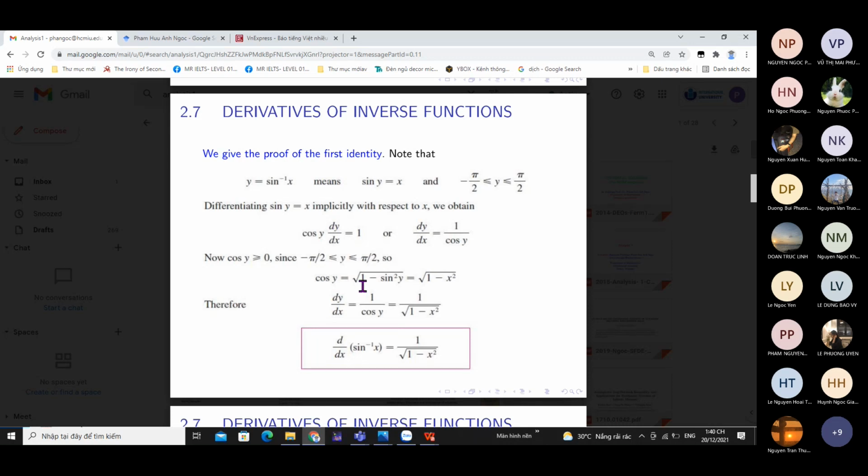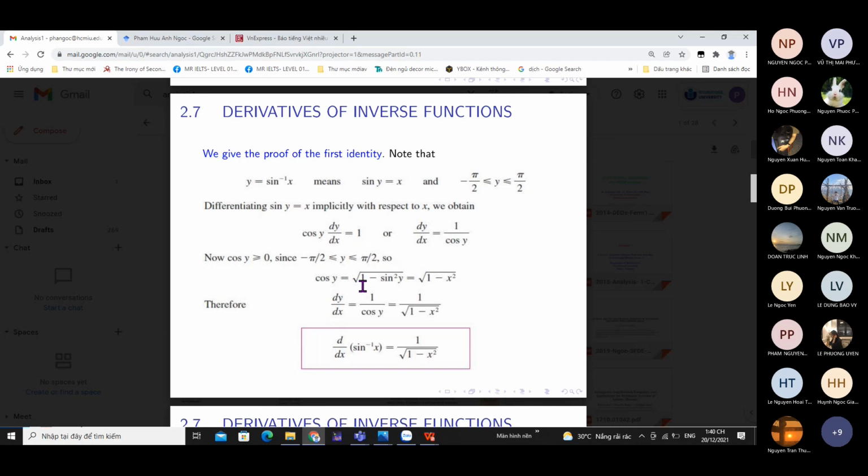First, we meet the function sine. Derivative of sine gives you cosine. Cosine of what? Cosine of the inner function, cosine of y, and then times derivative of the function y. Here I write dy by dx. The derivative of x, of course, gives you 1. So we have got dy by dx equals 1 over cosine of y.